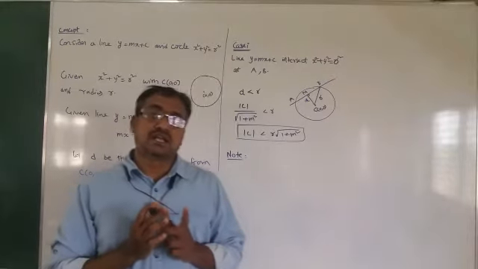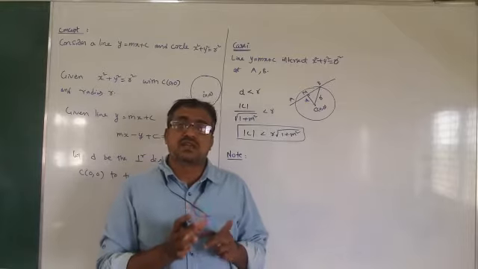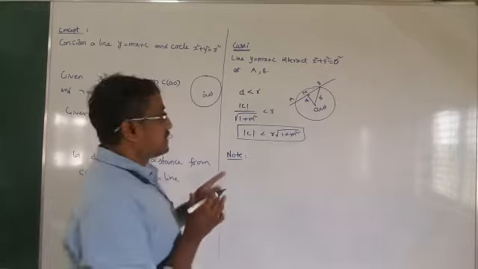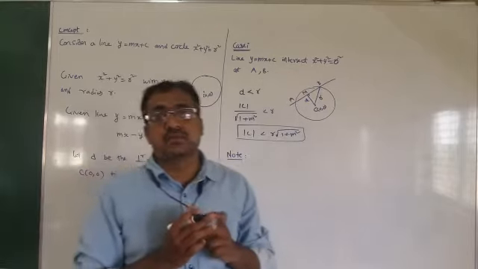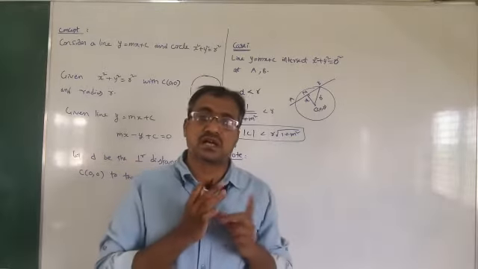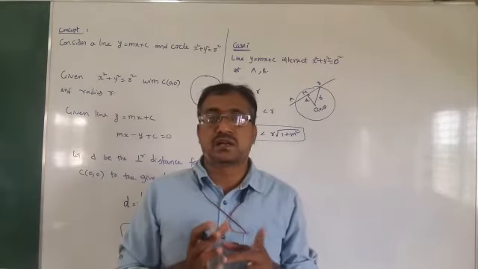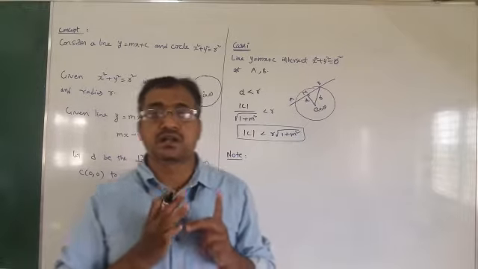Now whenever the line intersects the circle at A and B, it makes a chord of length AB. And here M is the foot of perpendicular drawn from center to the line. Remember that the foot of perpendicular drawn from center to the line is the midpoint of the chord.